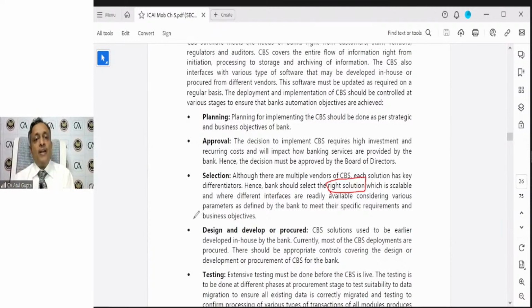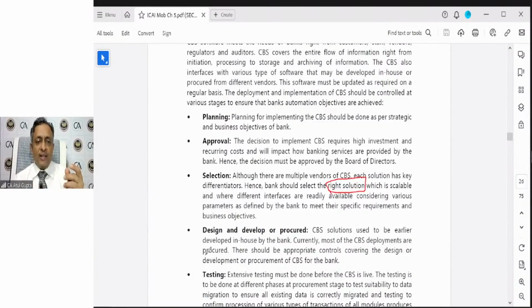Then next, whether the software is designed and developed or procured. Now, let us read the paragraph. Core banking solution used to be earlier developed in-house by the bank. Currently, most of the core banking system deployments are procured. There should be appropriate controls covering the design or development or procurement of core banking system for the bank.